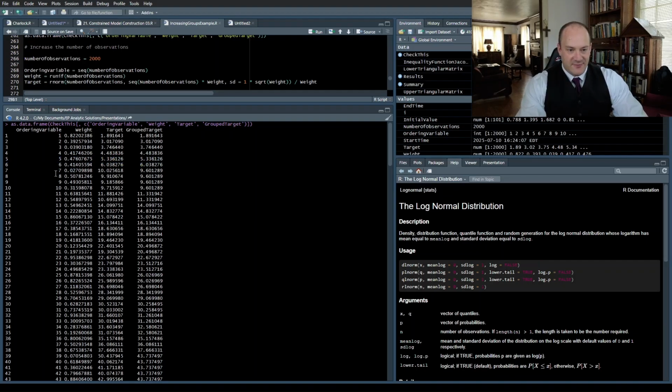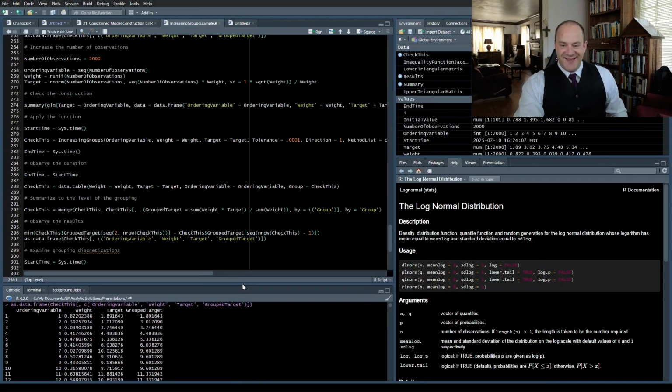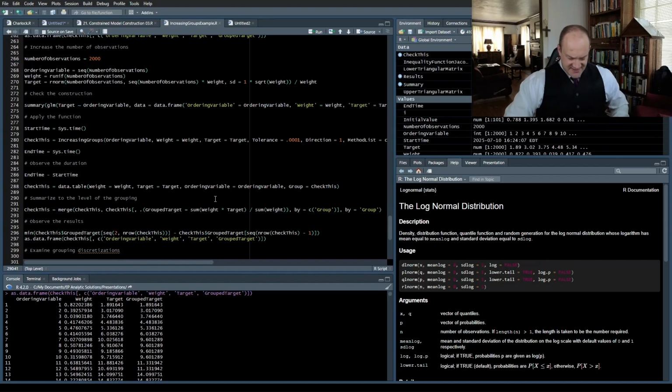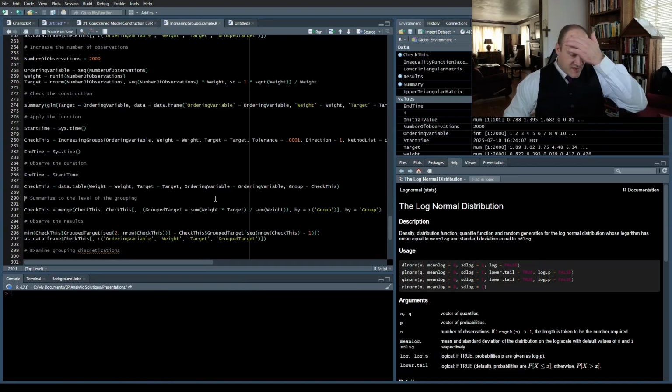These guys right here all got grouped together. These guys here got grouped together. Those guys are different. Boom, boom, boom. These guys got grouped together there. So we were able to do 2,000 observations in 17 seconds. Now, so all well and good.